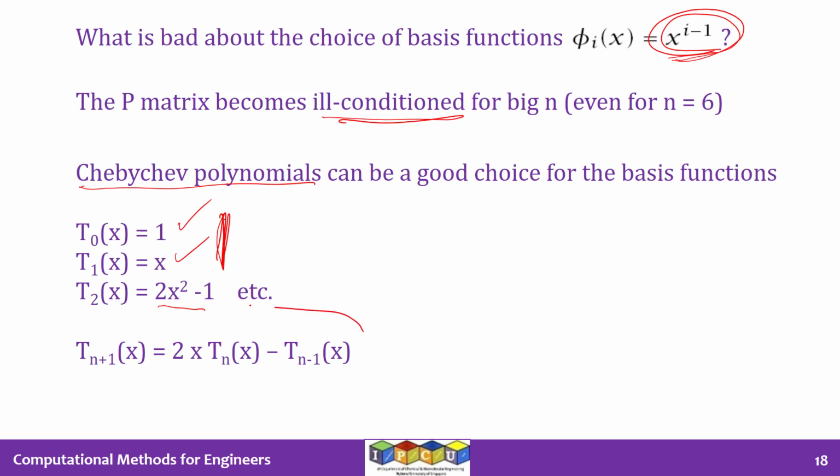And this is called a recurrence relationship. So you can get the higher order Chebyshev polynomials using this recurrence relationship.